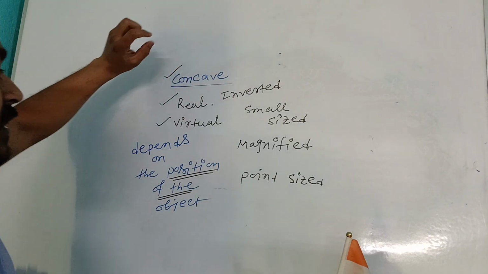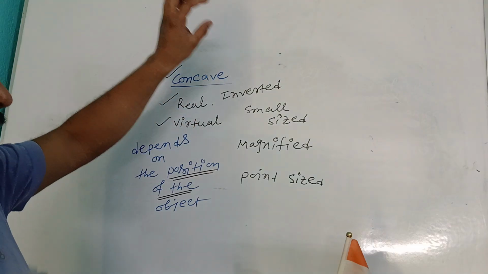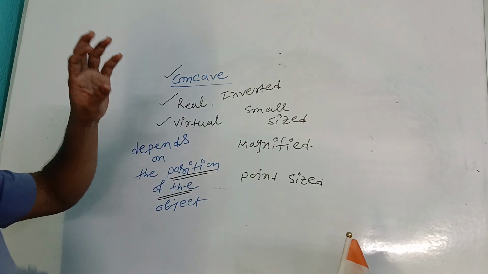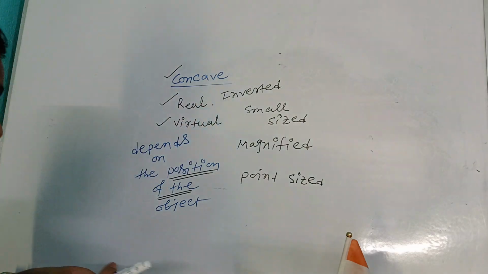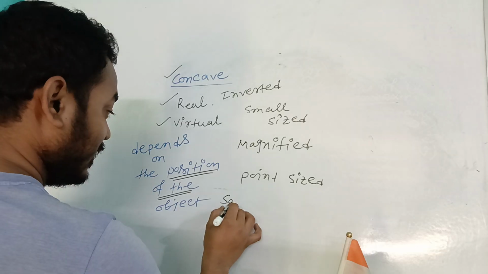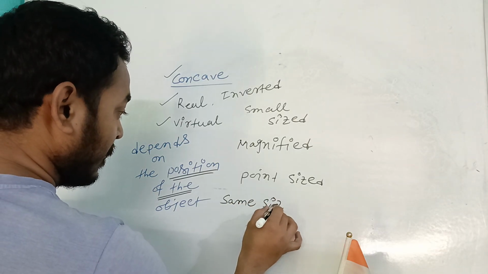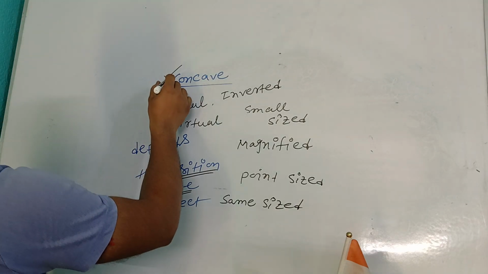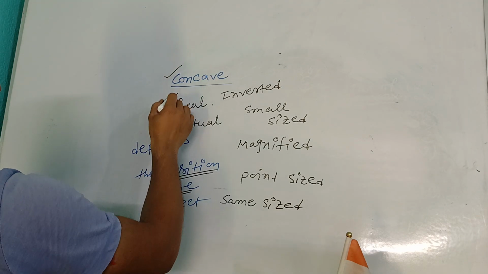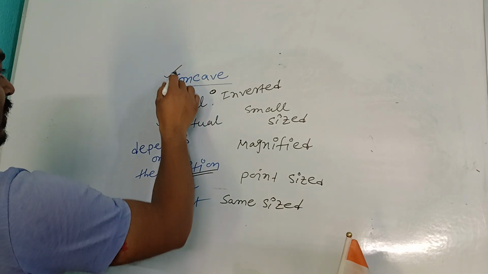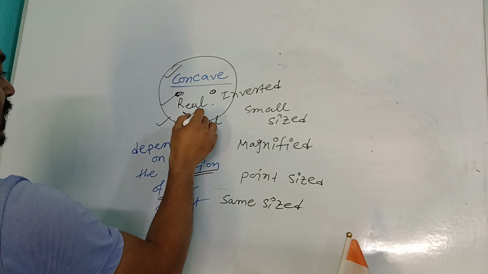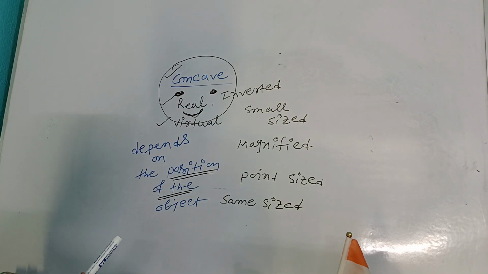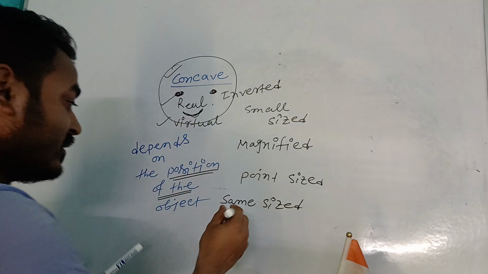So for a concave mirror, real image, virtual image, small sized, magnified, highly magnified, point sized, diminished. Okay, same sized also. One point is missing: same sized also. So see, in case of a concave mirror, this concave is very much important because sometimes we are getting a same sized image.